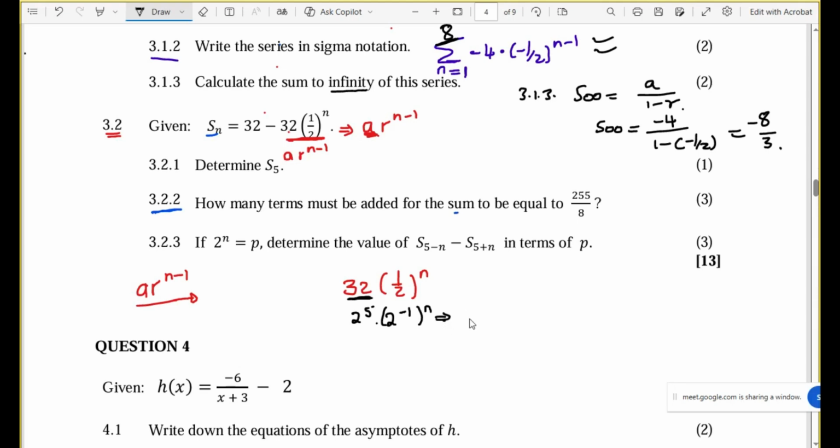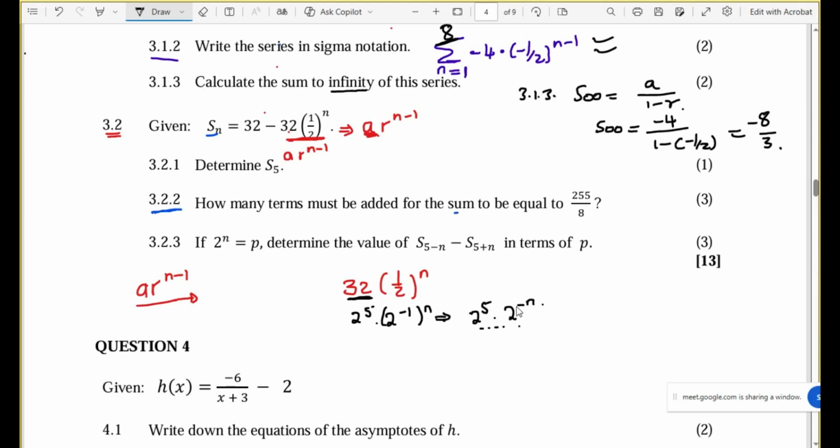Let's see. 2 to the power 5 times 2 to the power minus n. Okay, this is not working.